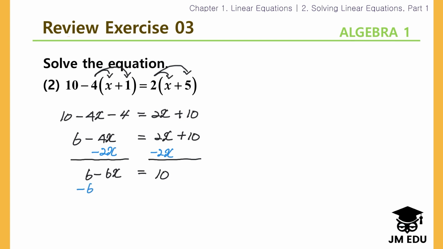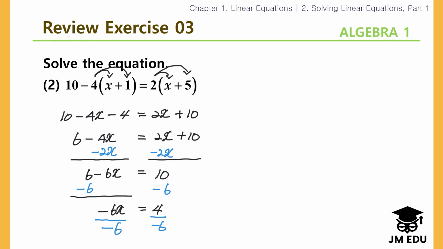Subtract 6, subtract 6. So left hand side will be negative 6x, and right hand side will be 10 minus 6, which is equal to 4. So finally we're going to have to divide by negative 6 here. Negative 6 here, right?